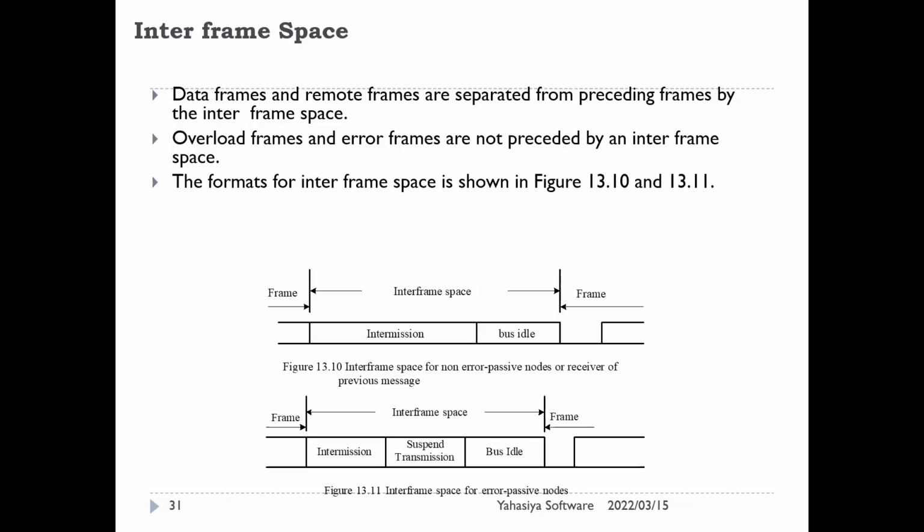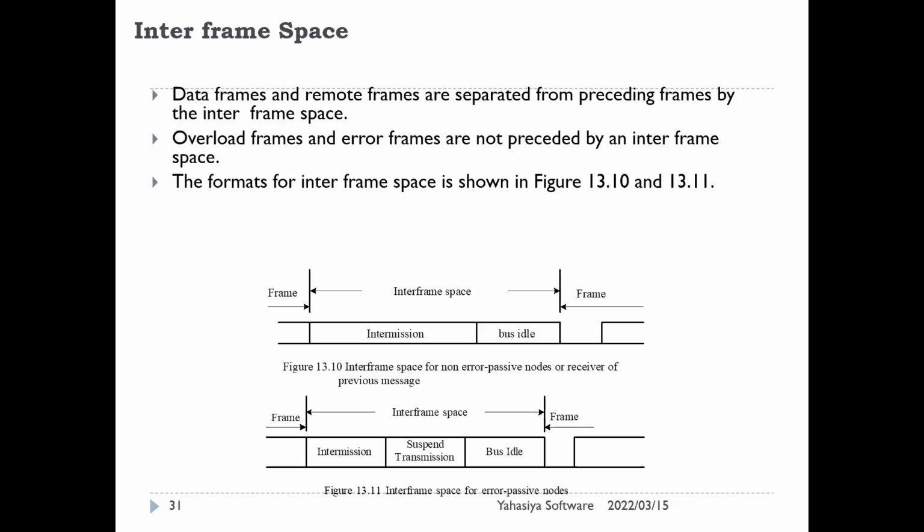Because of that, there is no possibility of collision. If we don't have that gap, the receiver can misunderstand and sample it in a wrong way. There is a possibility of misinterpretation of CAN bits. To avoid that, every CAN frame in the CAN bus has a space before the following packet. So there will be a space in between them. That is called the interframe space.